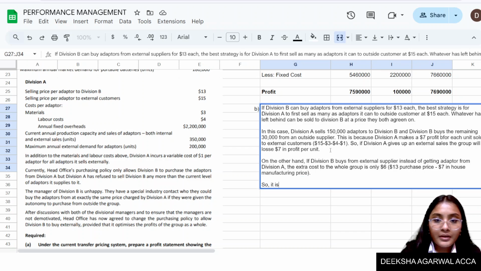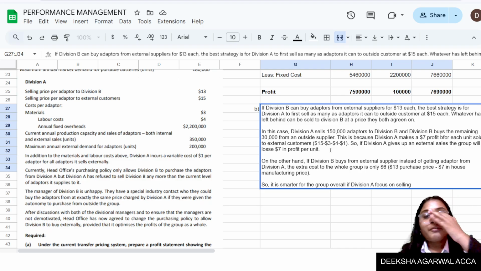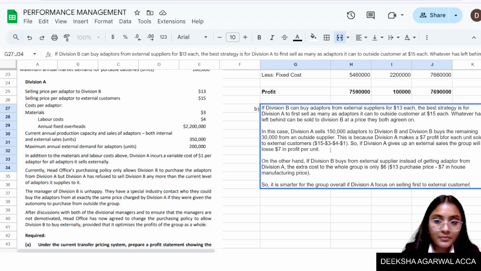So what is smarter for the group overall? What should division A do? Focus on selling first to external customers, then internally.